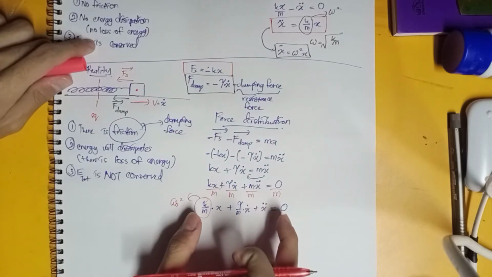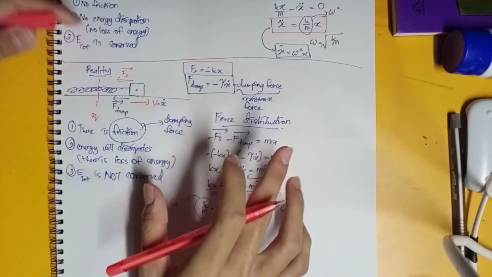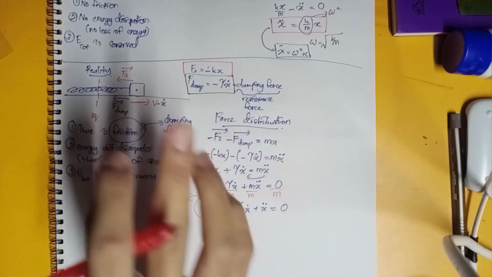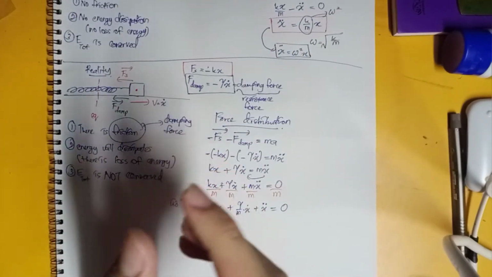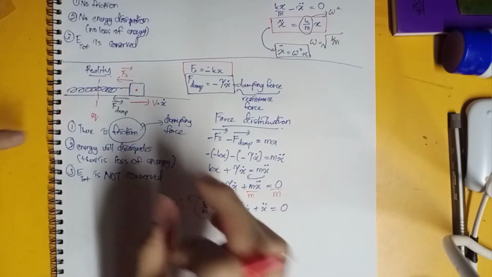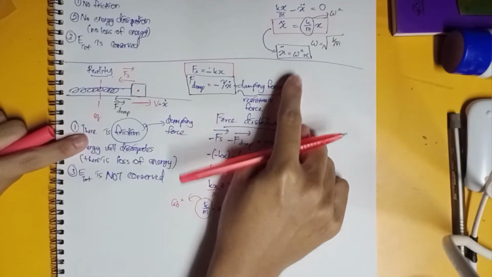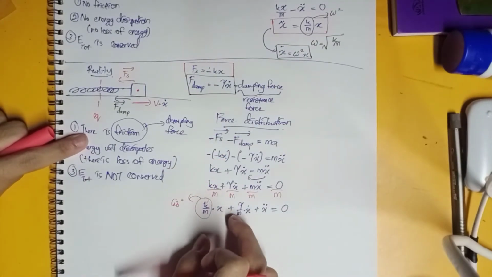Since the system is changing, in reality we apply the simple harmonic motion equation, and at the same time we put in some modification that changes what happens in simple harmonic motion. Now we look at the reality of the equation.